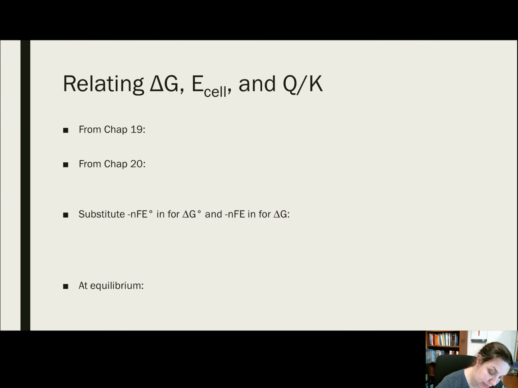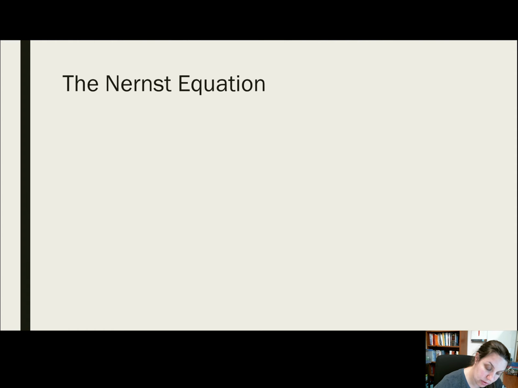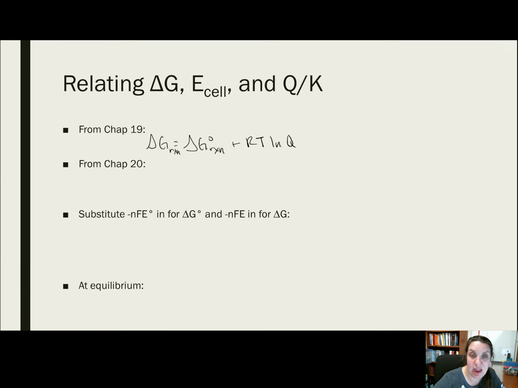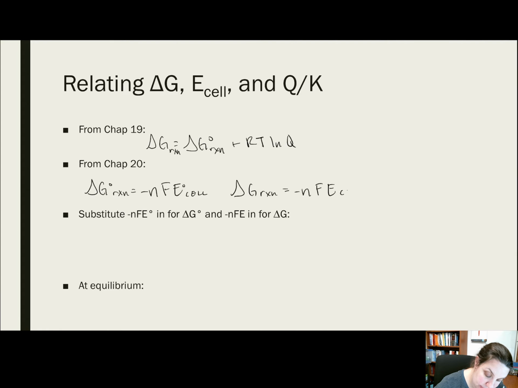So from Chapter 19, I want you guys to recall delta G is equal to delta G naught plus RT ln Q. And then the one we just learned, delta G naught is equal to negative NF E naught cell, and delta G is equal to negative NF E cell.